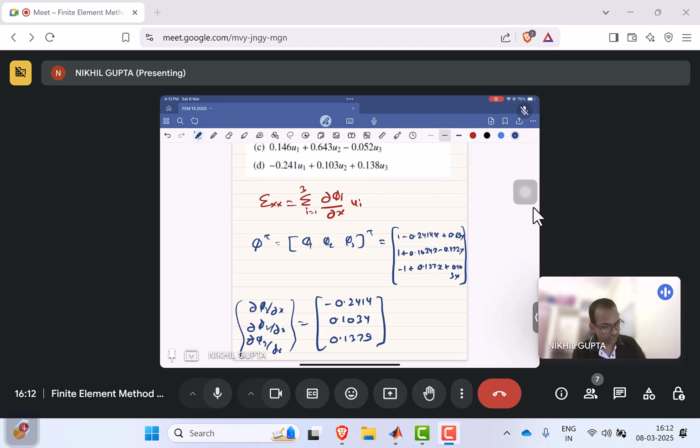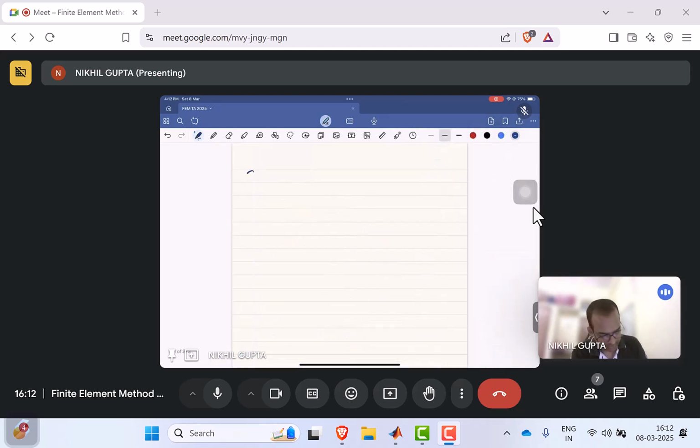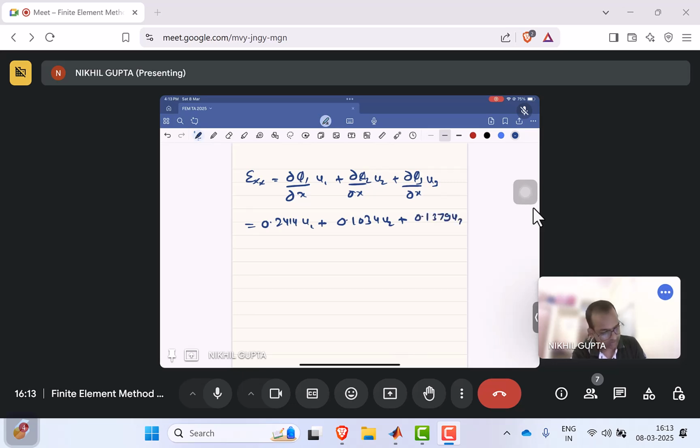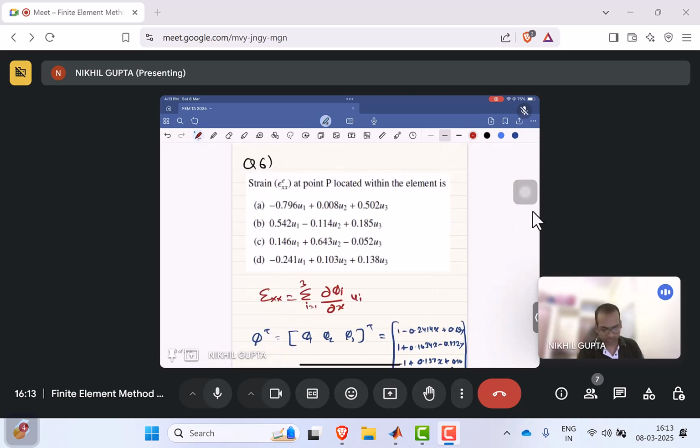When you use this in the epsilon formulation, it will be del phi 1 by del x u1 plus del phi 2 by del x u2 plus del phi 3 by del x u3. So substituting, you will get 0.2414 u1 plus 0.1034 u2 plus 0.1379 u3. So this is the answer for epsilon, and the answer is D.